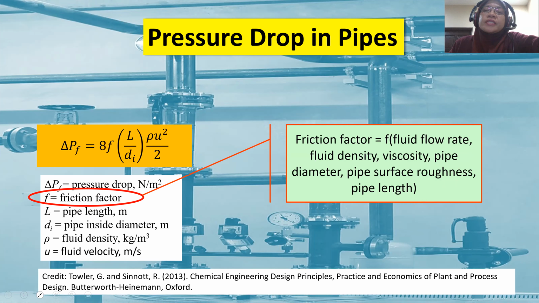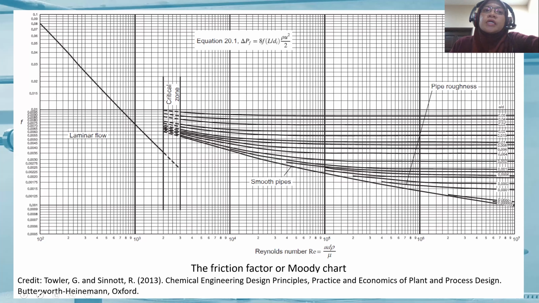So the friction factor is dependent on the Reynolds number and pipe roughness. If we know the pipe roughness and we can calculate the Reynolds number, we can use this chart.